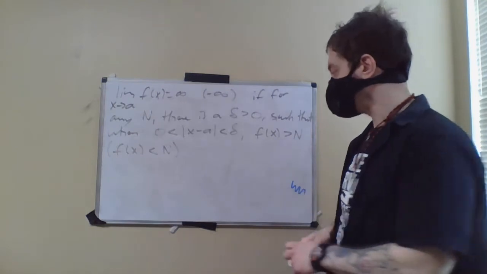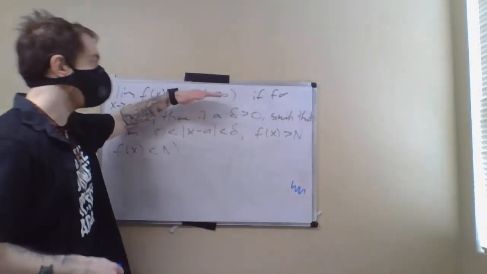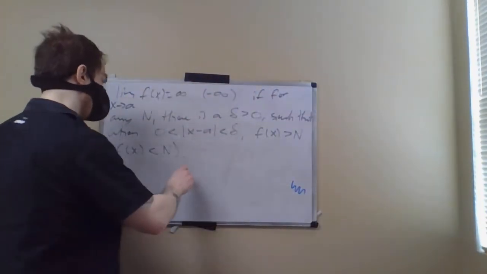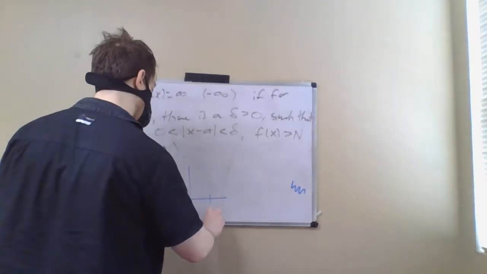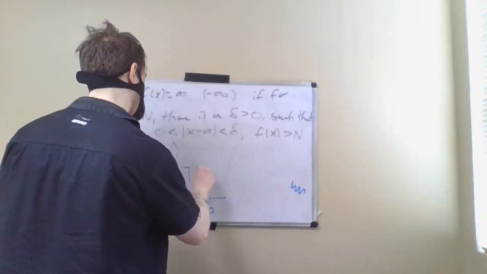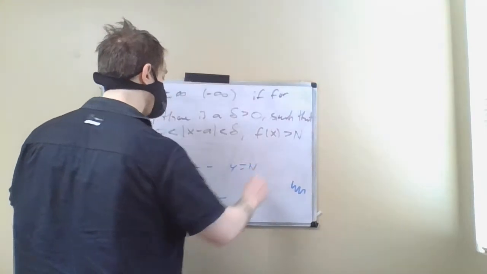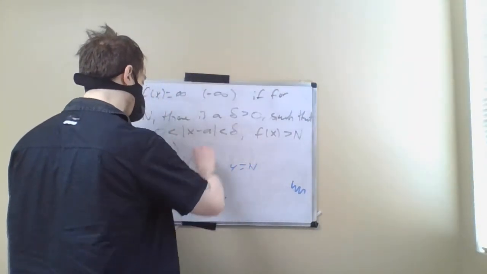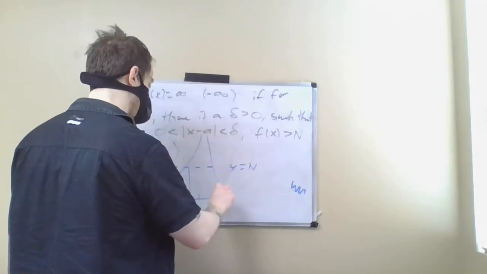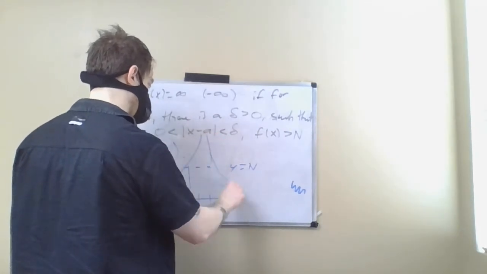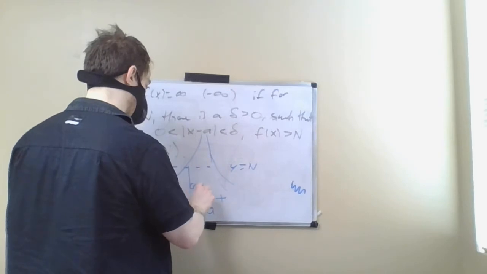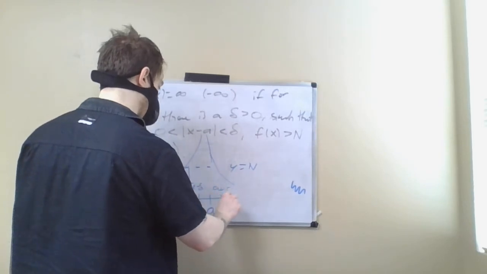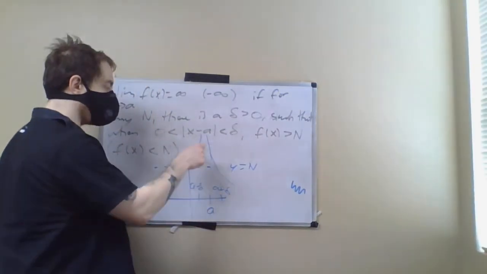In other words, on the graph, I can guarantee that I'm going to be above this line y equals n by just restricting myself to some interval of width delta around a.